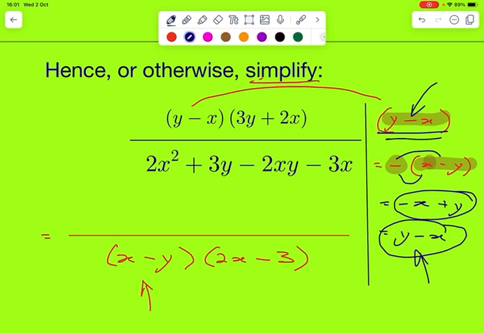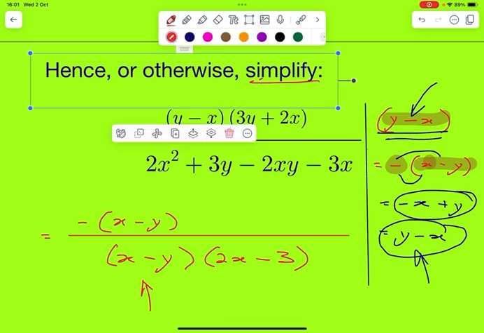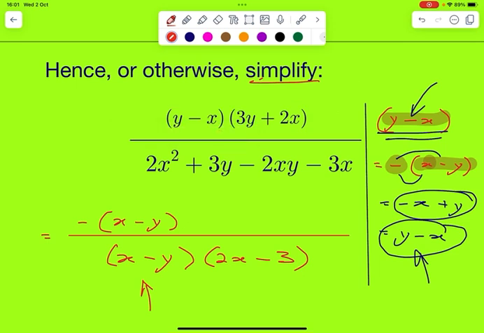Beautiful, isn't it? The beauty of algebra. Y minus x doesn't help us, so we want to do something that can help us. That's why we put negative outside. After that, we can swap. And the 3y plus 2x, leave it as it is. Nothing much can be done there.